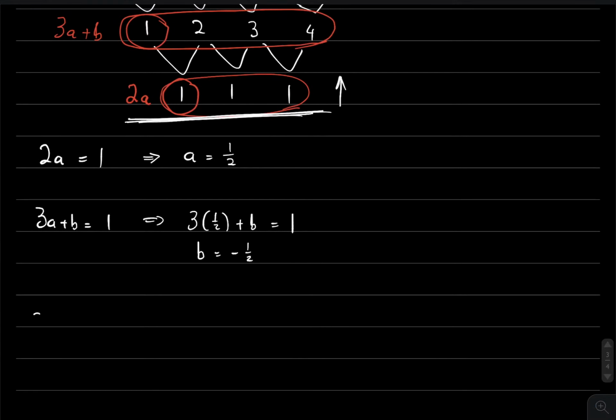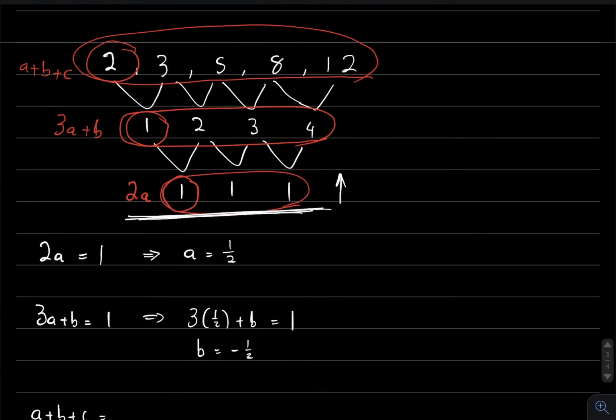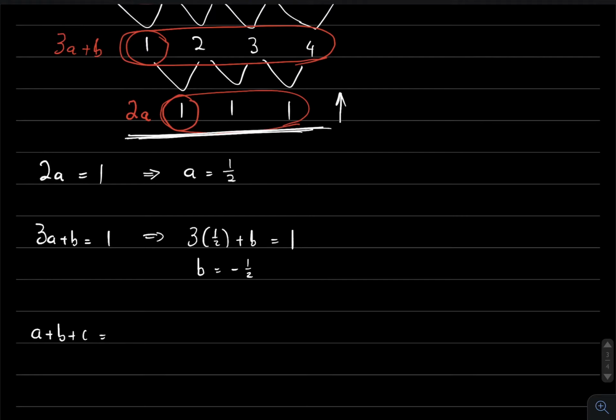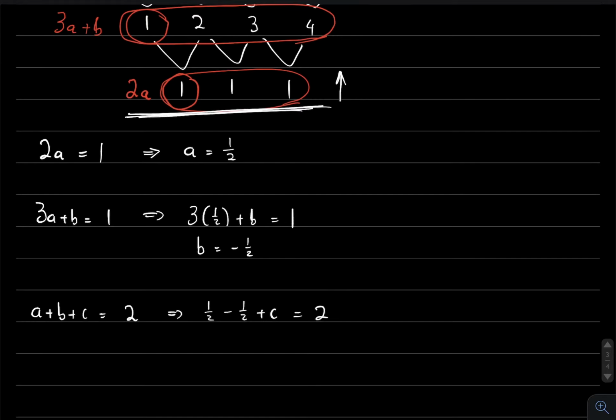Then we get a plus b plus c equal to 2. We substitute again. That's 1 over 2 minus 1 over 2 plus c is equal to 2. Obviously, we get c is equal to 2.